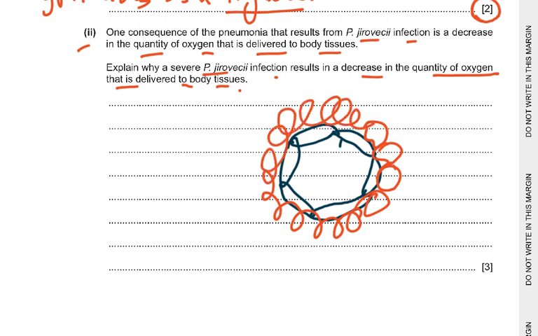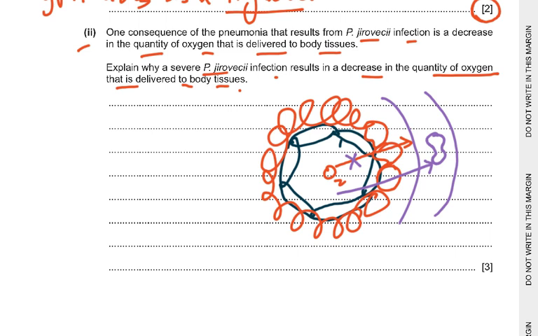So alveolar cells are surrounded by the P. jirovecii cells. Diffusion of oxygen is decreased, because the oxygen has to diffuse from here into the blood capillary which is surrounding it. And inside this we've got the red blood cell. So diffusion of oxygen is decreased between the alveolar space and the red blood cell.